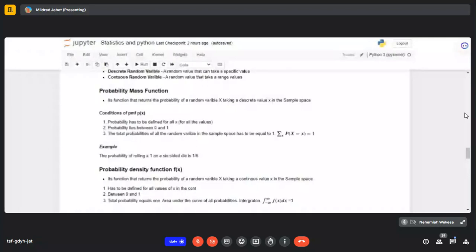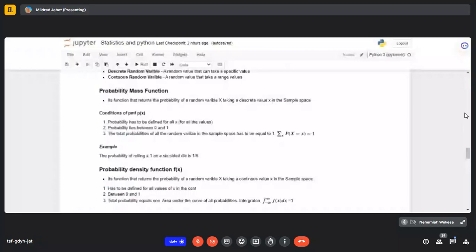Now, what of the probability density function? I use it when I'm calculating the probability of a continuous variable. For example, let's use weight. Let's say it ranges between 60 and 70. Between there, I can have so many weights: 60.2, 69.5, all those.